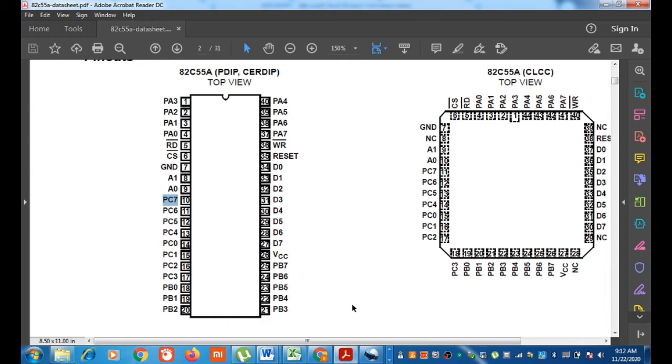Similar to mode 1, mode 2 is used when the timing characteristics of the I/O devices are not well known. This mode is bidirectional handshake I/O. It uses 5 lines for handshaking.